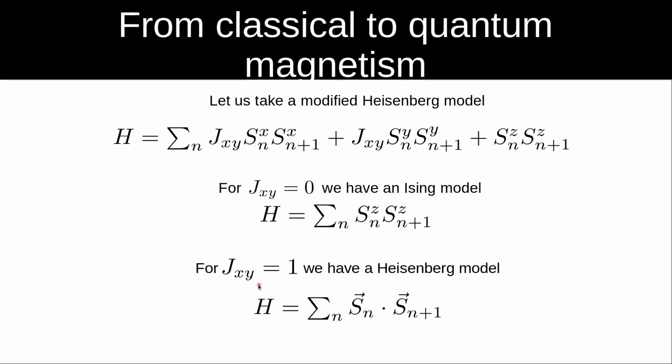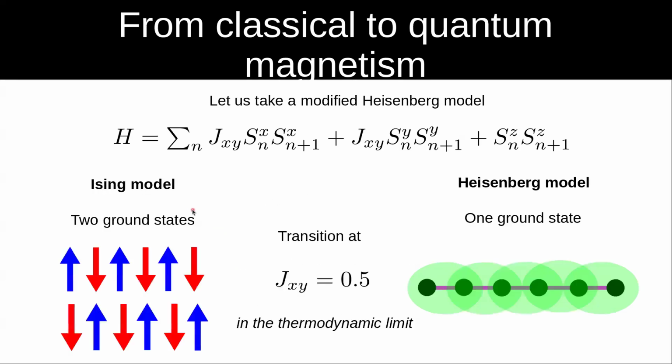So this Hamiltonian effectively allows us to interpolate between a classical limit and a purely quantum limit. And we can actually see this transition from classical physics to quantum physics just by looking at the interpolation of this Hamiltonian. This is a very important Hamiltonian that is known as the XXZ Hamiltonian.